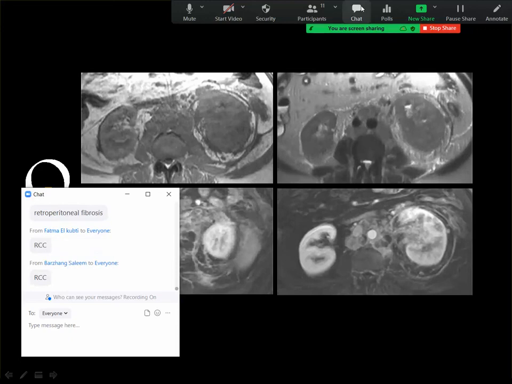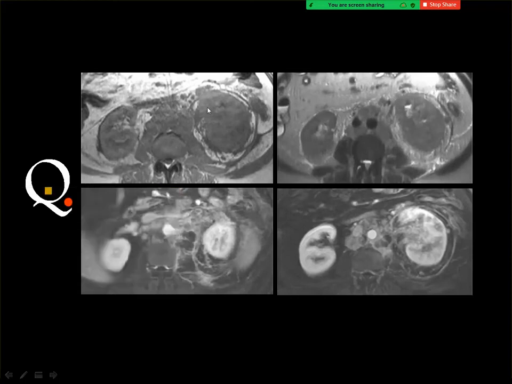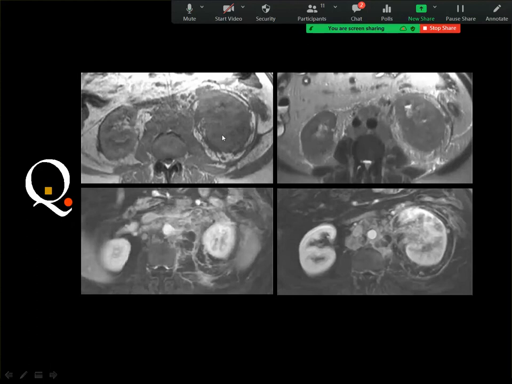Yes, renal cell carcinoma on which side? This is left-sided renal cell carcinoma. The kidney is involved or infiltrated by a mass with nodular stranding of the perinephric fat, denoting fat invasion.